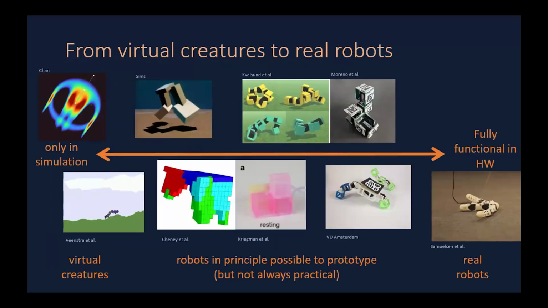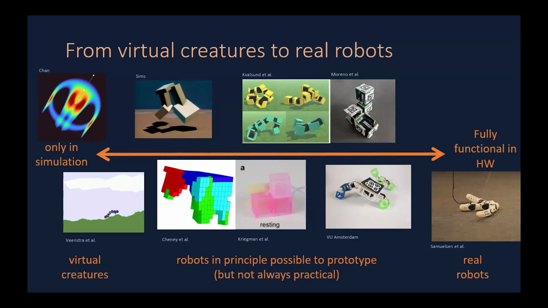So now I will talk a little bit about building blocks and so on for these robots. There's been so much work in this field on very different abstraction levels, or levels of virtuality or realness. So I try to make an axis of how real the robots are.